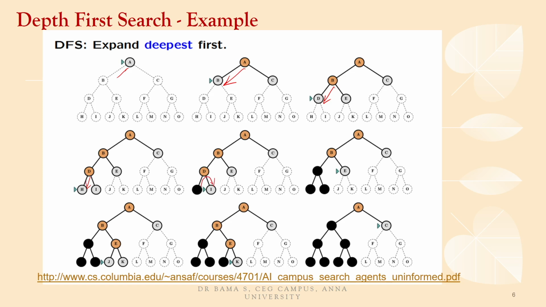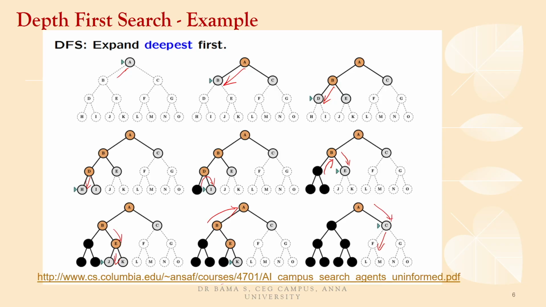So, it goes to I, and it moves on, it backtracks, goes to B, then comes down and goes to J, again it backtracks, goes to A, and the depth first search proceeds in this fashion. The function which I gave in the first or second slide, if this is the tree, this is how the algorithm would result.